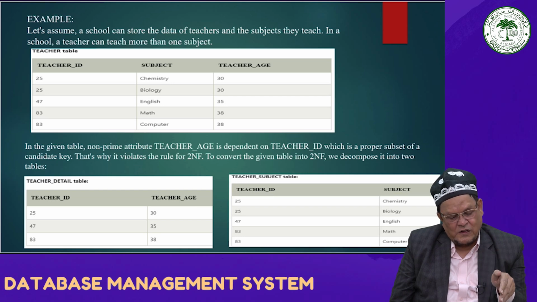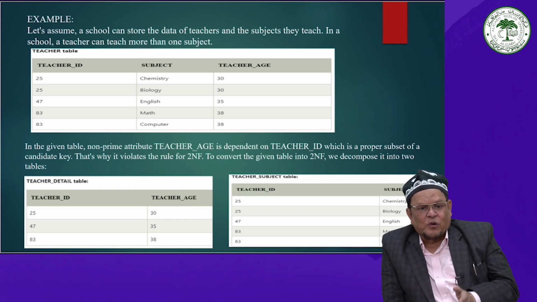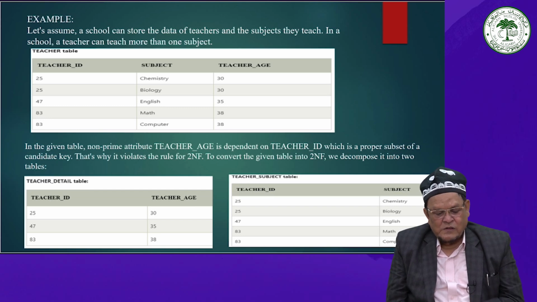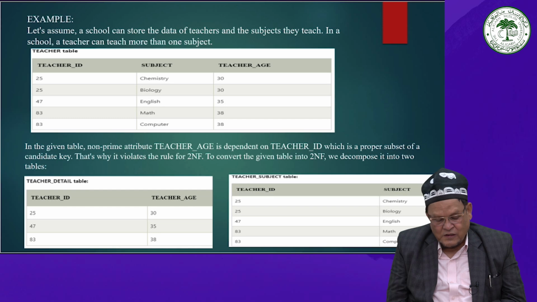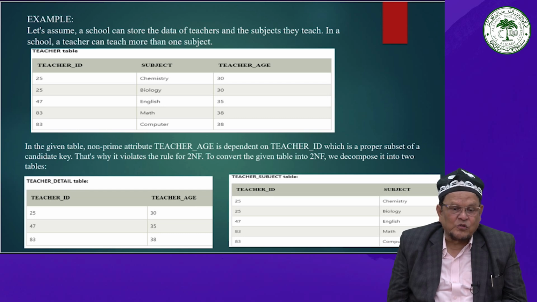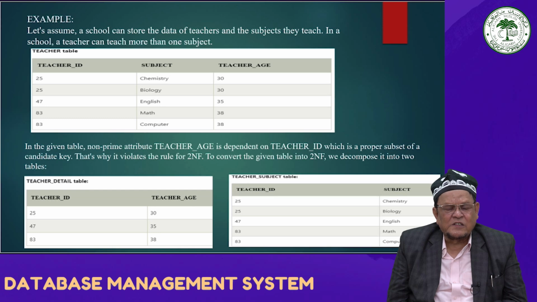In this way, we are able to decompose the relation and then check both tables after decomposition. After decomposition, we can say that this is in second normal form.